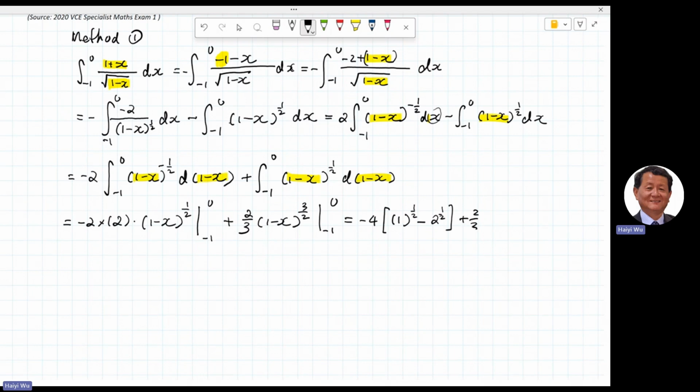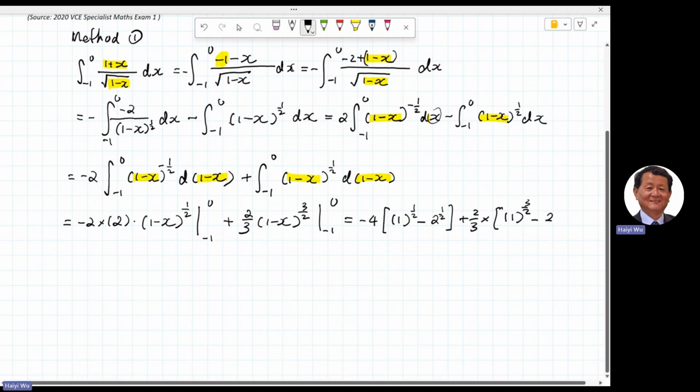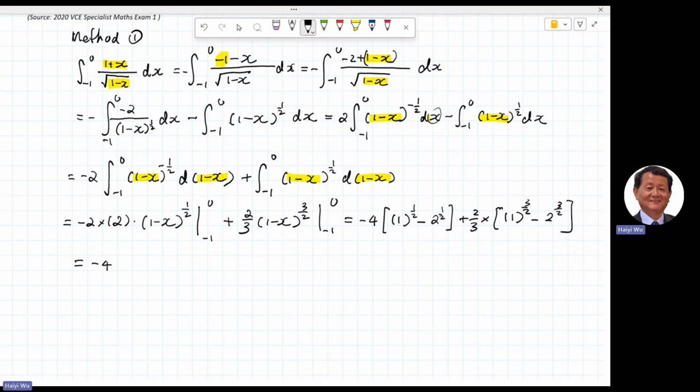Second one's 2/3 times, again, 1 to the power of 3/2 minus 2 to the power of 3/2. So let's simplify. So the first one will be -4 times 1 minus square root 2, plus 2/3 times 1 minus 2 square root 2.